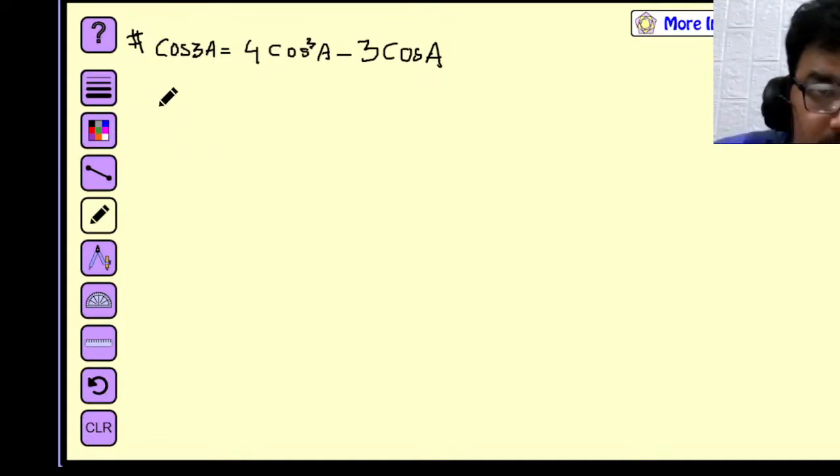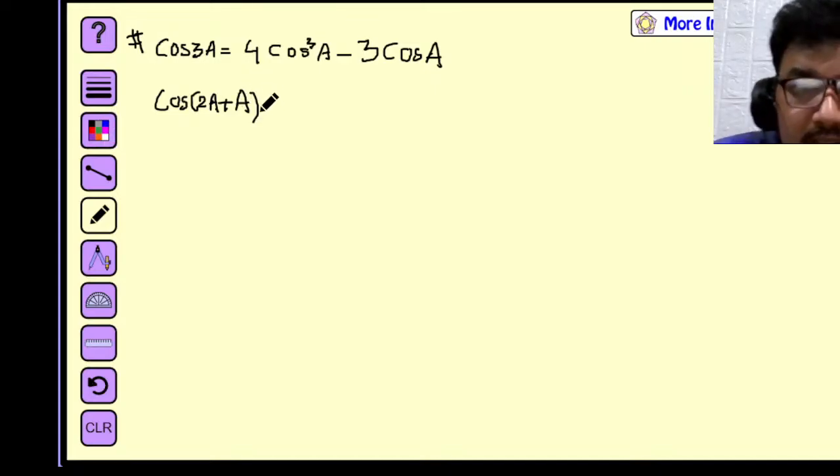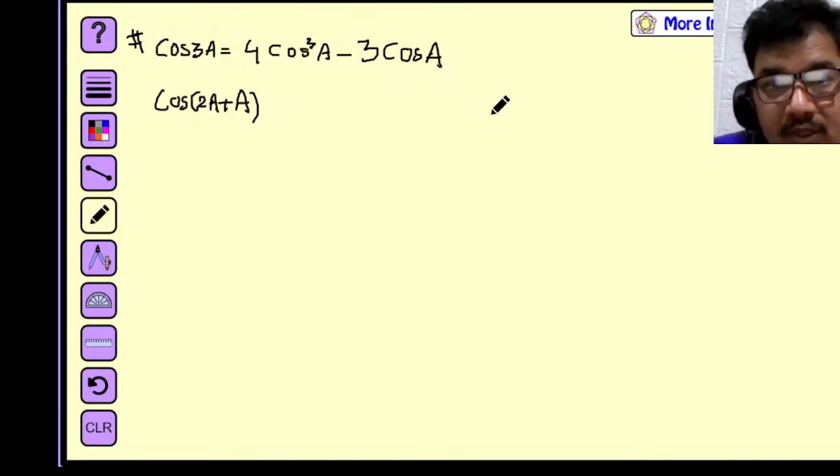Let's take here, children. First of all, cos 3a means what? Cos 3a means cos of 2a plus a, we need to write here like this. As we know the formula that I have written before also, the cos a plus b formula.